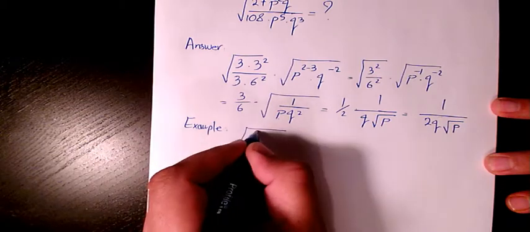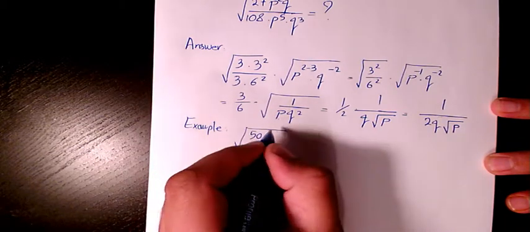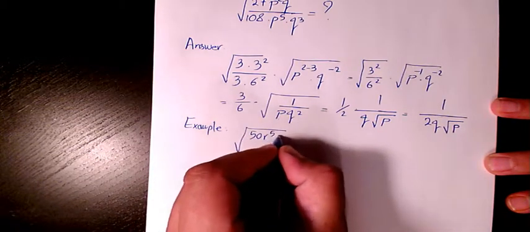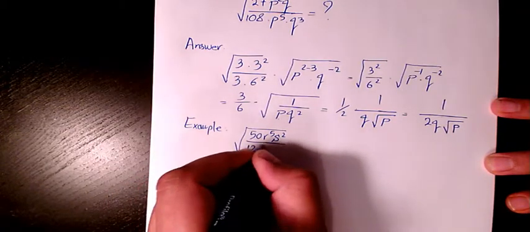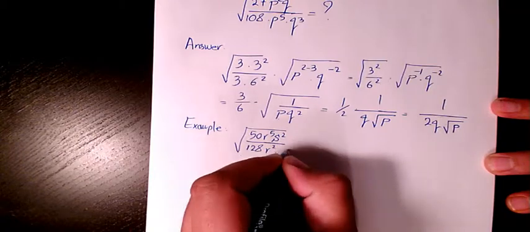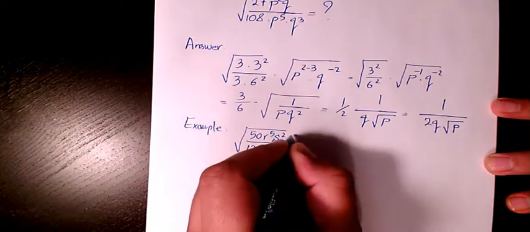the square root of 50 r to the power of 5 s to the power of 2, divided by 128 r to the power of 2 s to the power of 5.